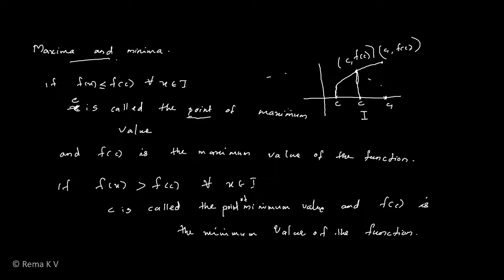The x coordinate is the point of minimum value or point of maximum value and the y coordinate is the maximum value or minimum value of the function. So you have to make this point clear. Point of minimum value is the x coordinate and the minimum value is the y coordinate of that point. That is f of c.